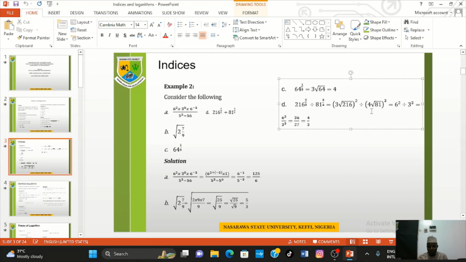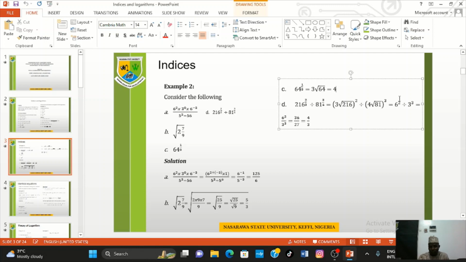Then 6 is the result that will give you 216, and you raise it to the power of 2. Also for this 81, what will be the number? It is 3. 3 times 3 times 3 times 3, 4 times will give us 81. So it means that's 3 raised to the power of 3.